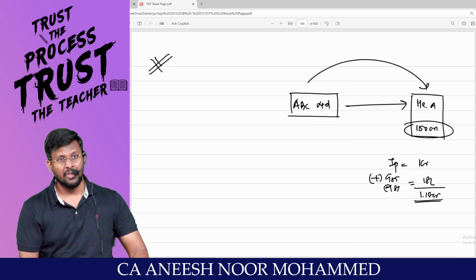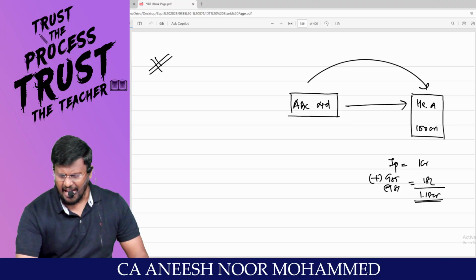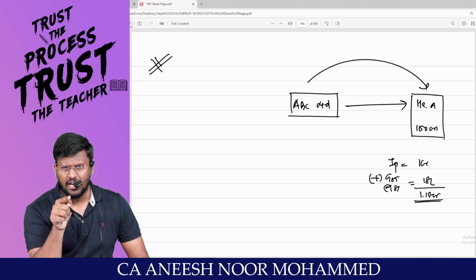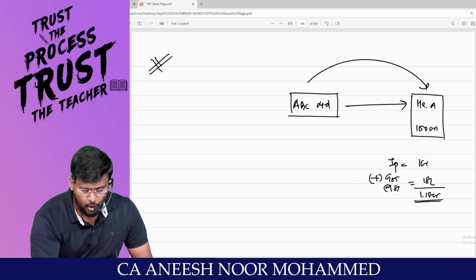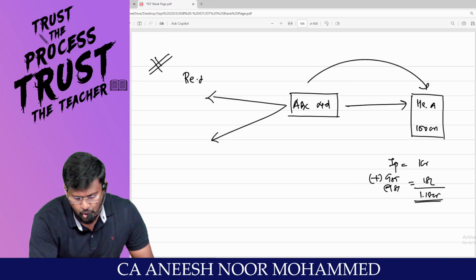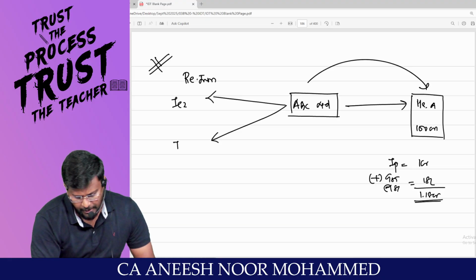After a certain point of time, ABC Limited's actuarial valuation person said that this guy is a high-risk party. Something may happen in future. So better you reinsure this with another insurance company. So insurance company 2 is there, insurance company 3 is there.